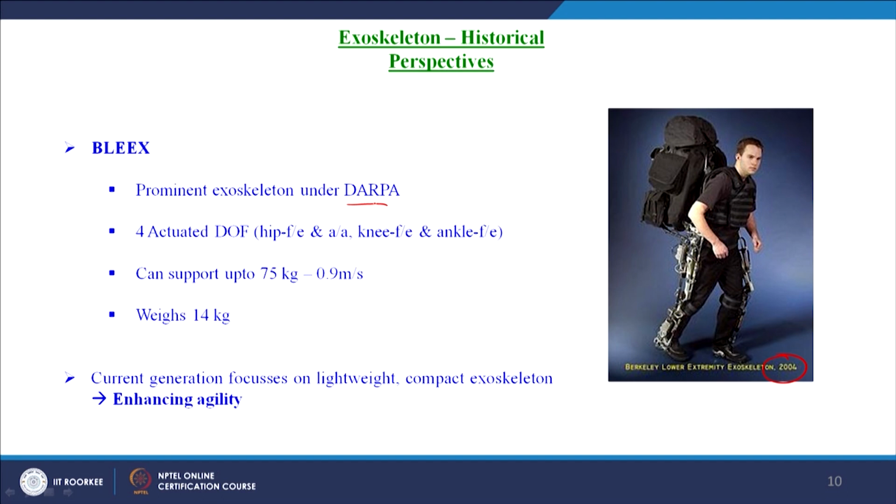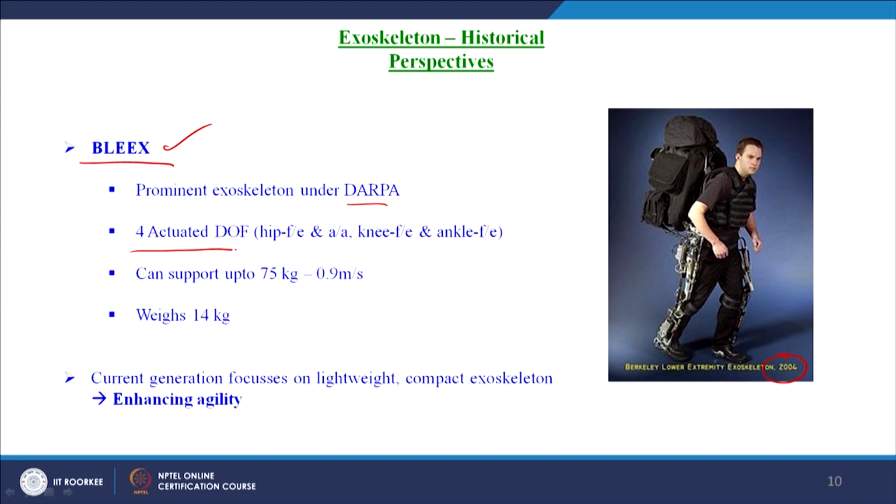They have been associated with a couple of universities or institutions in the US: one is UC Berkeley, and the other is MIT. BLEEX is nothing but the Berkeley Lower Extremity Exoskeleton, and it is one of the prominent exoskeletons under the DARPA program.